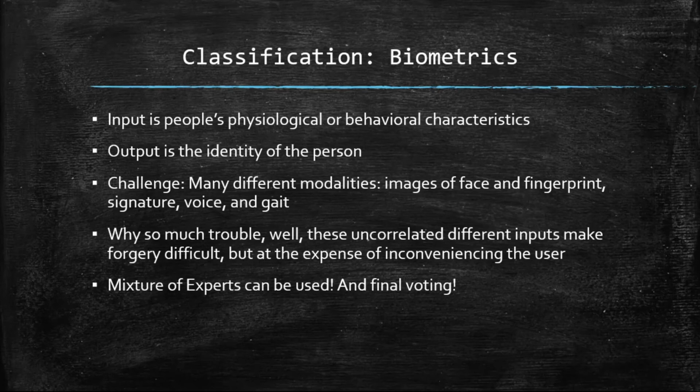And for the behavioral characteristics, you can think about, for instance, the signature, the voice, so the dynamics of signature, or the gait, or the way a person would walk. So there are all different types of data.